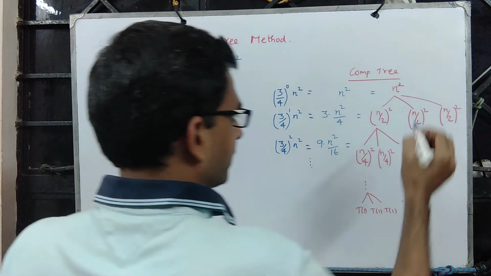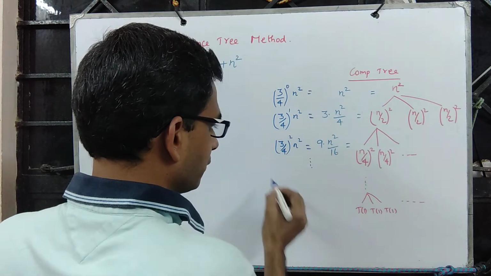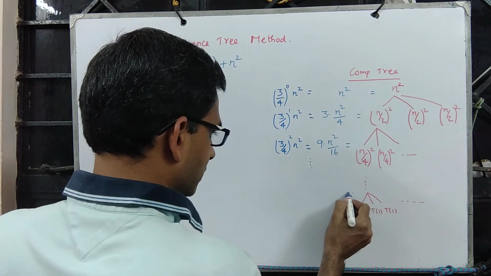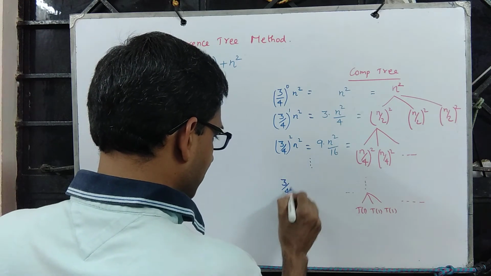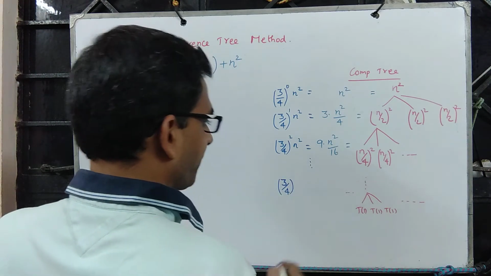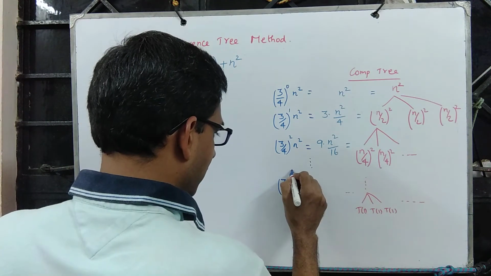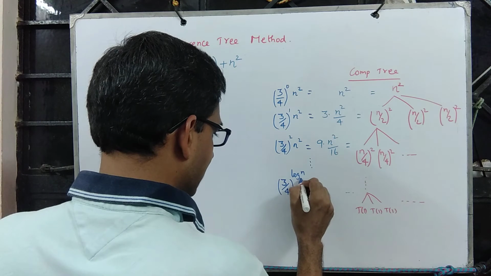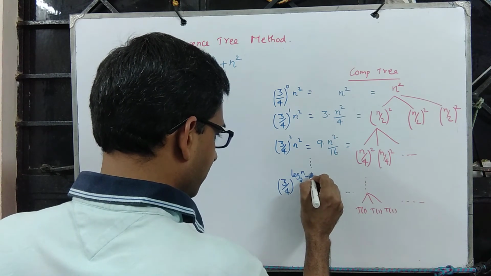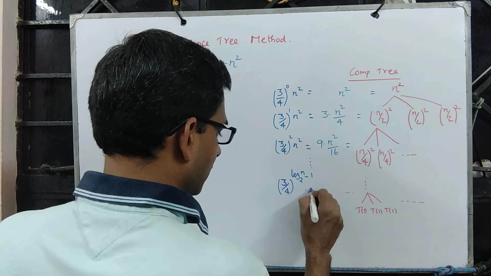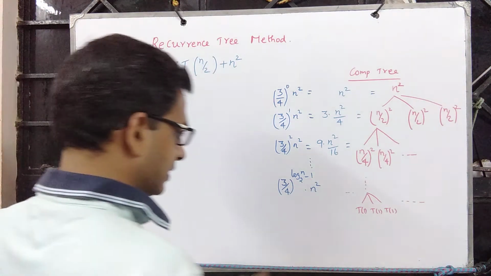And please note, this is at level 0, level 1, level 2, and so on. At the last but one level, we just saw that there will be log n base 2 levels, which means the last but one level is 3 by 4 to the power log n base 2 minus 1 times n square. That would be the cost.